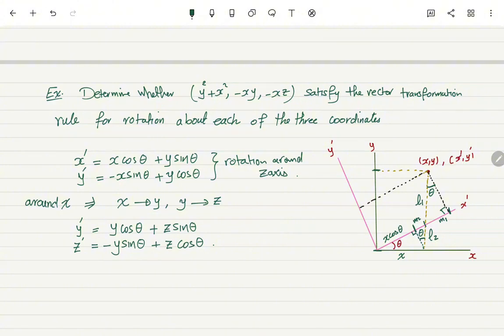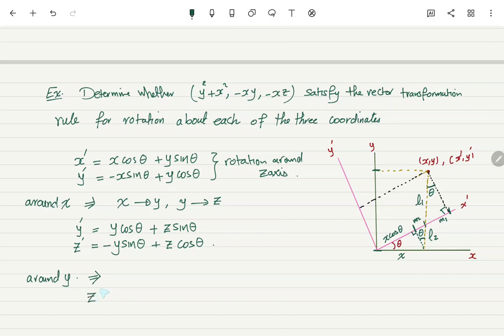Now, if we would like to rotate the coordinates around the y-axis, in this case, remember it's 1, 2, 3, x, y, z. So y should be replaced by z, and z should be replaced by x.